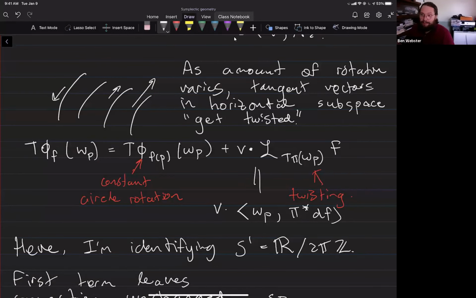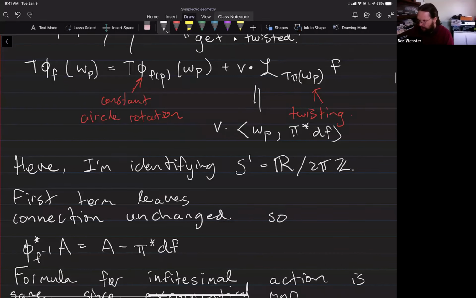I don't have to worry about the mod 2 pi Z because that's a discrete thing. It's not going to change the derivative. So I can always lift that up to a function to R. There are different choices of lifts, but they all have the same differential. So exactly how I'm changing depends on the differential of f.